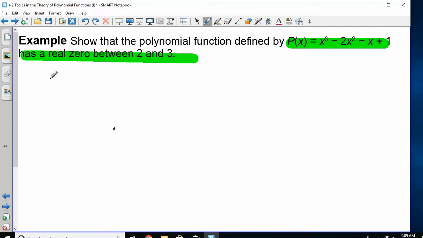So if I plug in a 2, it gives me 2 cubed minus 2 times 2 squared minus 2 plus 1.